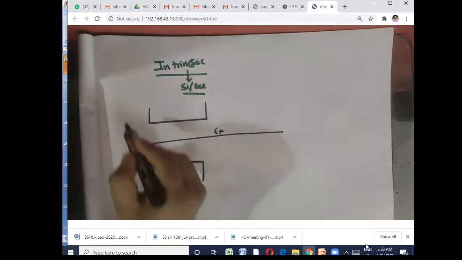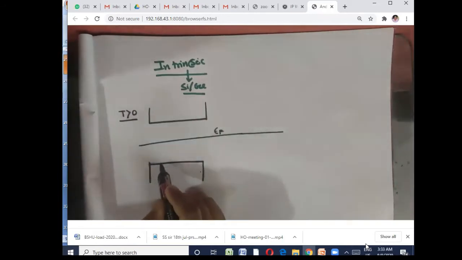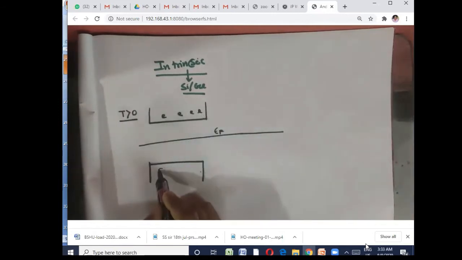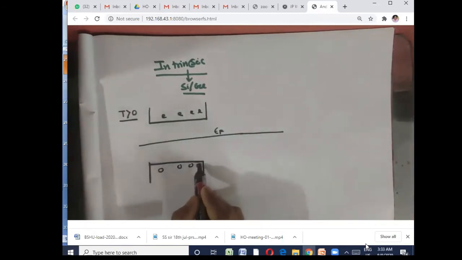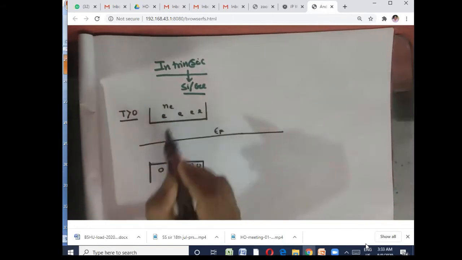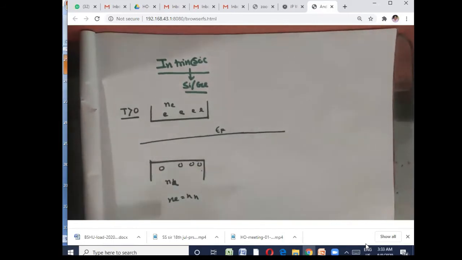If the temperature is greater than 0, electrons will be moving from here to there. Suppose electrons have reached here, so correspondingly an equal number of holes will be there. So the concentration of electrons and the concentration of holes are equal. They are present in equal numbers in an intrinsic semiconductor.